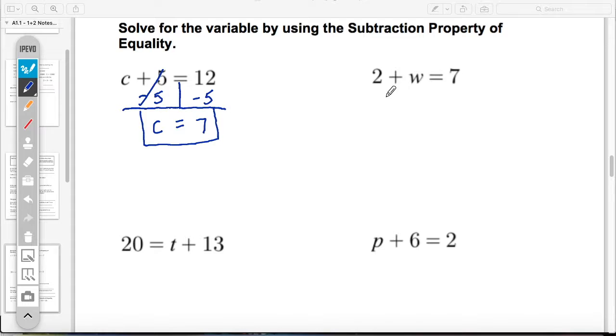Okay, let's go to this one over here. Same thing, make my t-chart. Subtract 2 on this side because it is being added to my variable. Subtract 2 on this side. So 2 minus 2 is 0, so those cancel. I'm left with w equals 7 minus 2, which is 5.